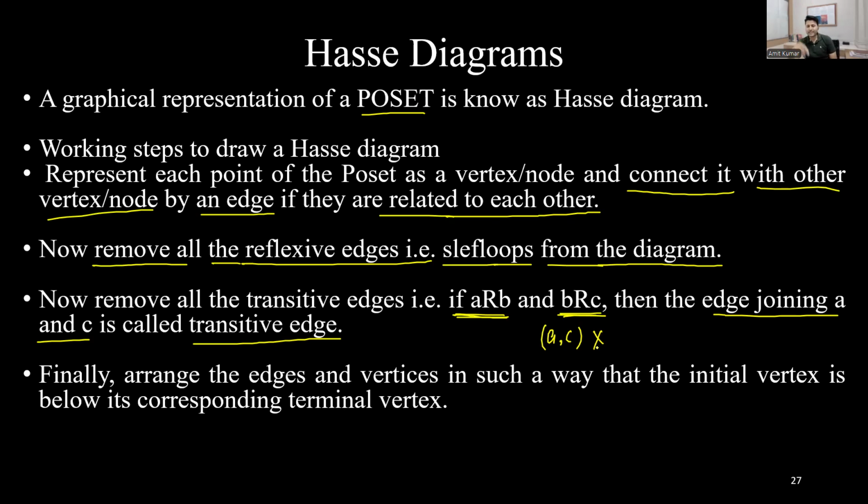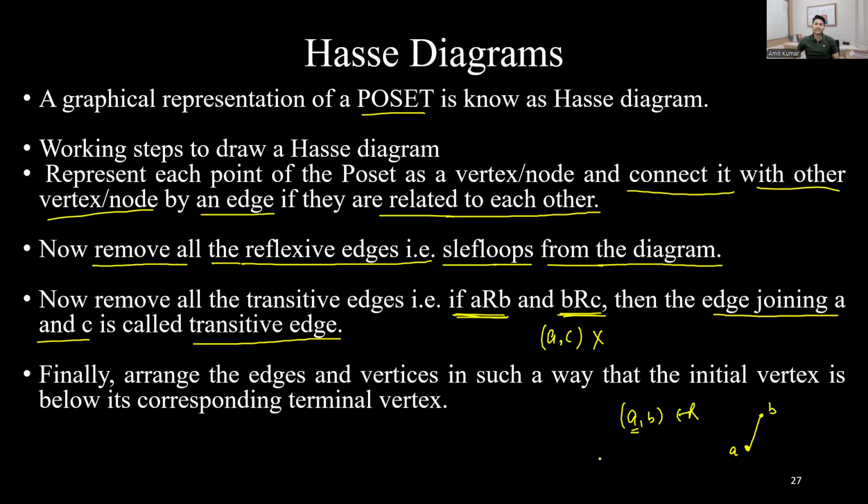If A and B are related to each other, if (A, B) belongs to R, then the input should always be on the lower side of the output. This is what we mean by the direction, or by the representation: the initial vertex should always be on the lower side of the terminal vertex.